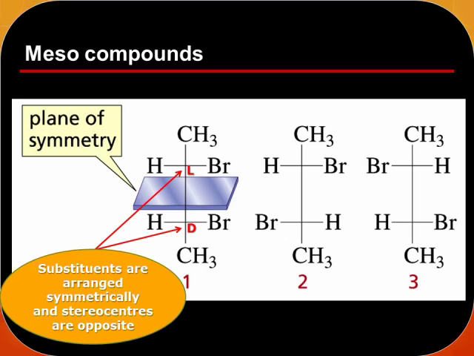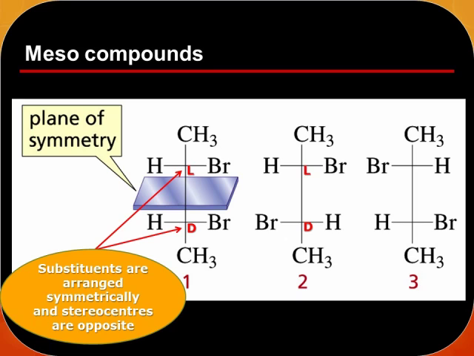And look at the second compound. Even though there is no plane of symmetry, the L and D, the two stereo centers are opposite. So obviously one part can rotate clockwise, the other part can rotate anti-clockwise.